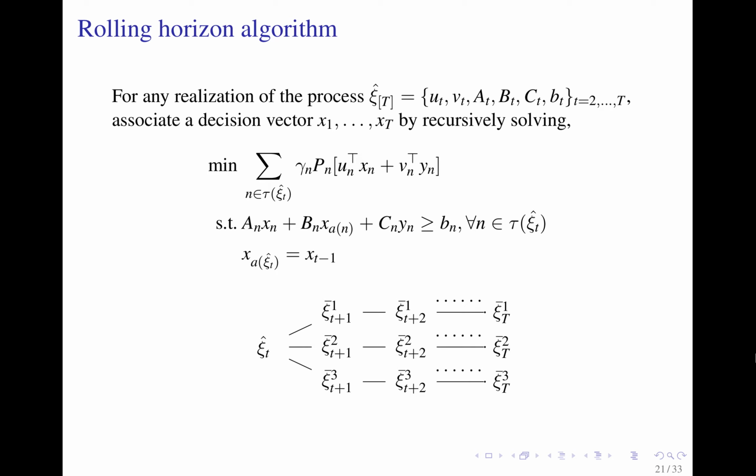And in addition, in order to deal with the exponential complexity of solving this extensive formulation, we can actually make this dynamic scenario tree small. For example, as shown in this plot, we only branch the next stage, since the next stage is the immediate future that probably matters the most.